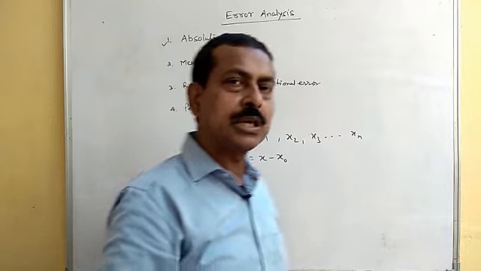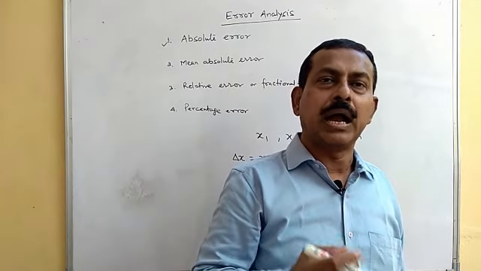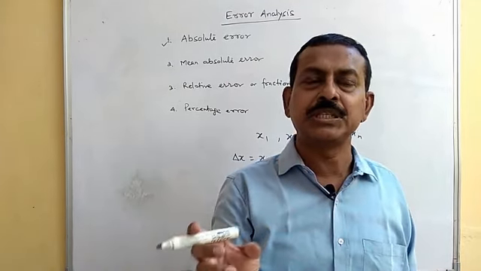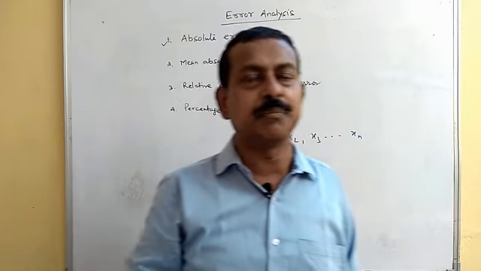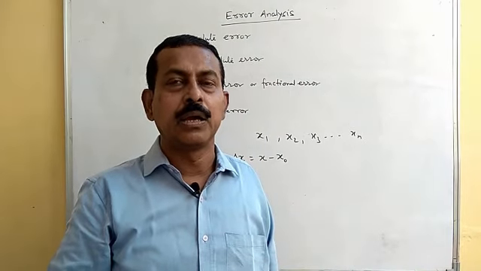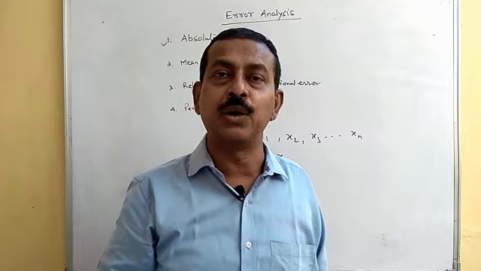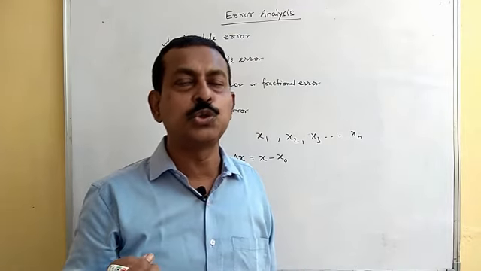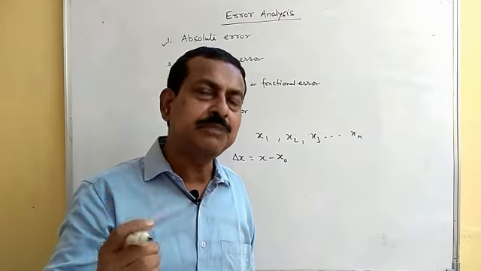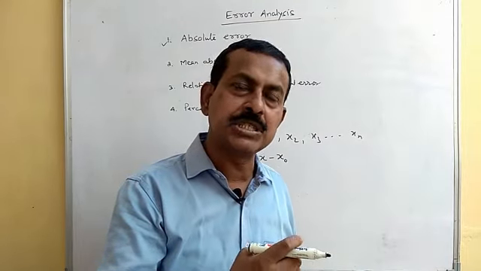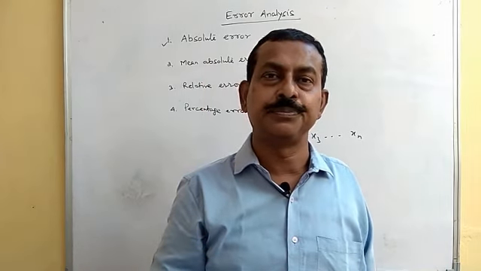Suppose any given object is there and you have taken its measurement. Now we do not know what is its true value. When you do not know the true value, then we take the mean value of the observations as the true value.